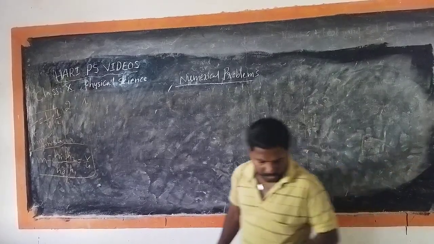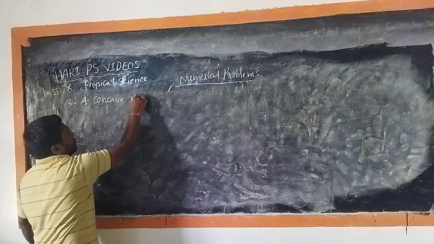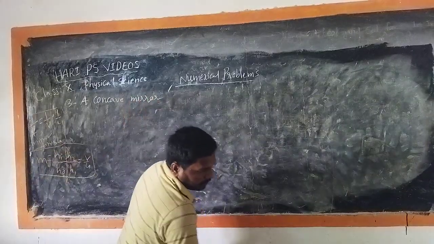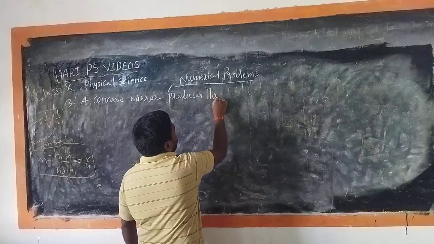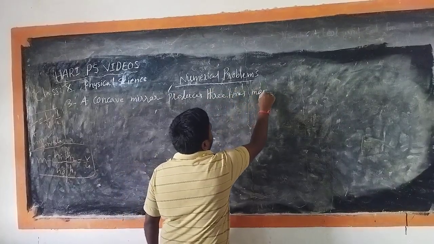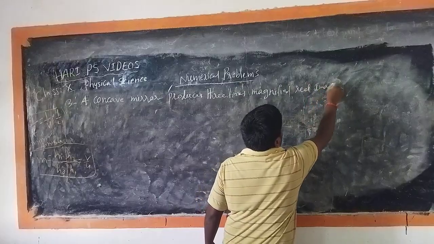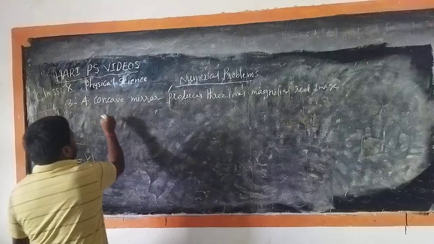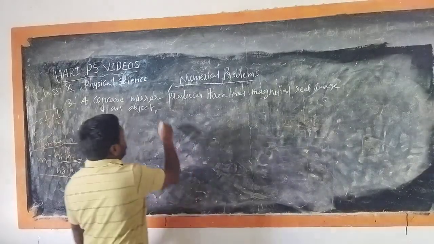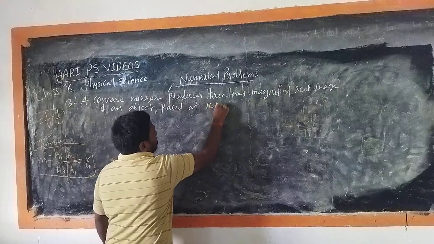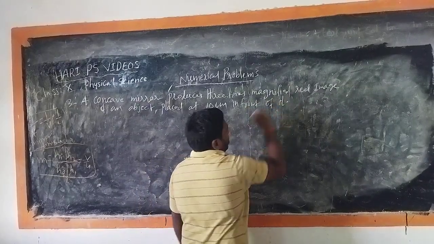The third problem. A concave mirror produces a 3 times magnified real image of an object placed at 10 centimeters in front of it.